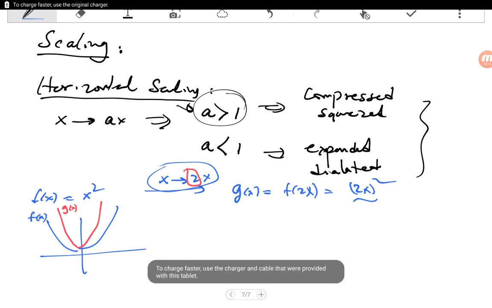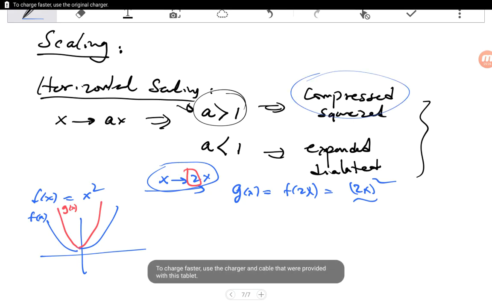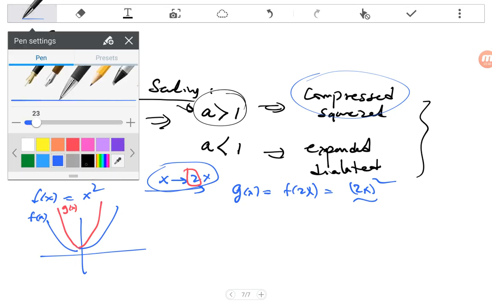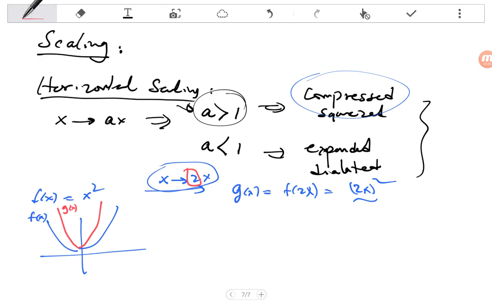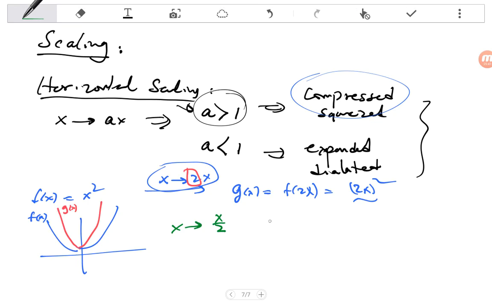And that occurs for any function, for any given graph of a function. If you replace every x with ax, we'll have a compression or an expansion. So if I replace every x with x over 2, what do you expect the graph of that new function, h of x, x over 2 all squared, to be?